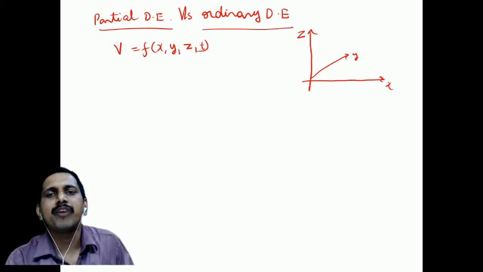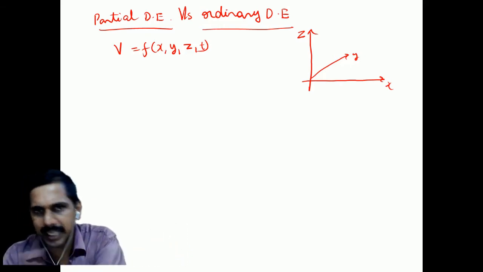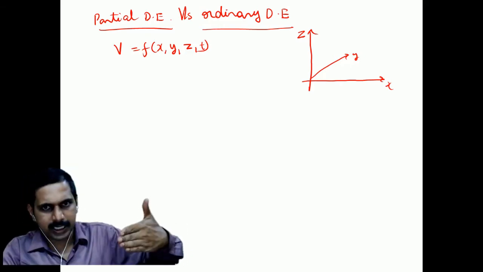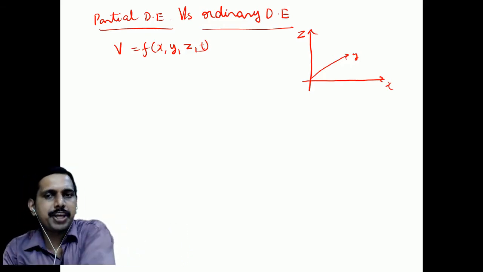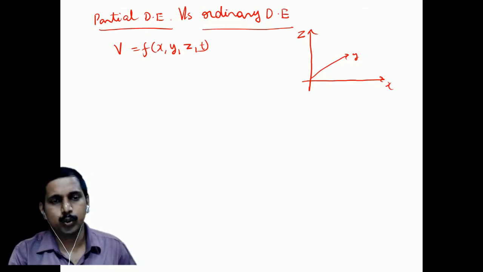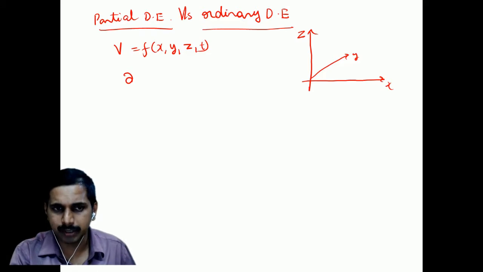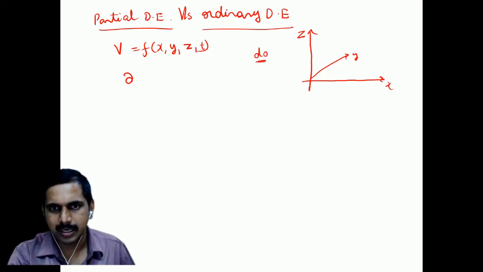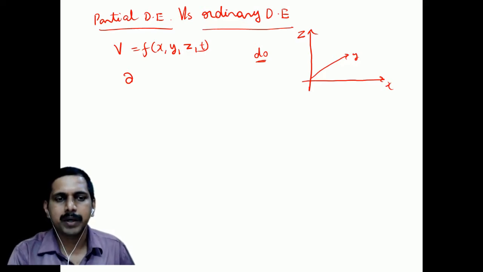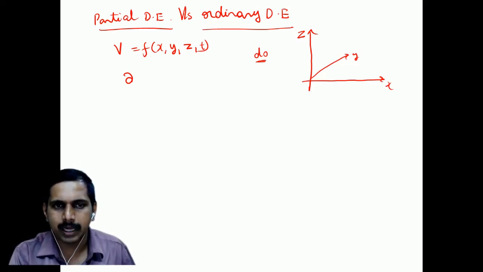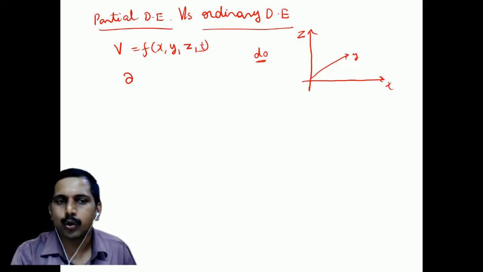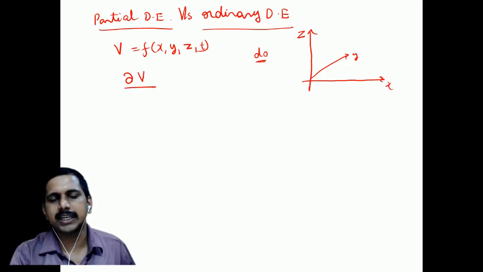But if I am worried about velocity varying only in the x direction, I am going in the x direction, I am seeing what is the variation of velocity, then I do partial. I say dou. Partial we say. I use this particular word, but people use dou, some people use deba. I will use dou only because I am used to it. Or partial, standard case is partial.